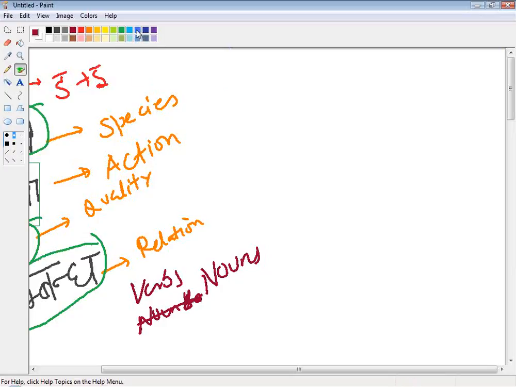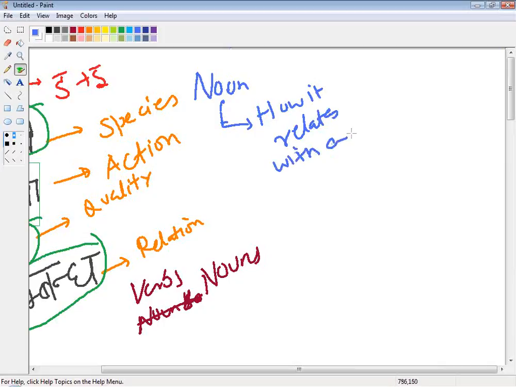I mentioned the fact that when you talk about a noun, you have to always talk of it in relationship with a verb. How it relates with what? With a verb. Okay? So what does it mean now?